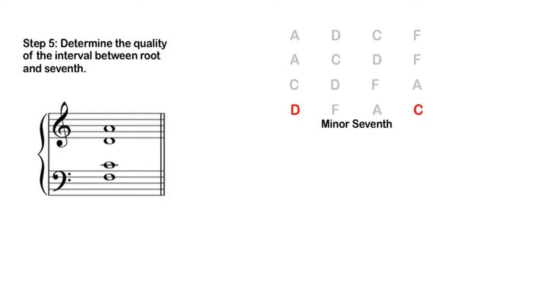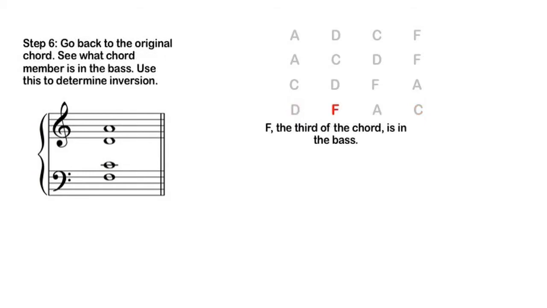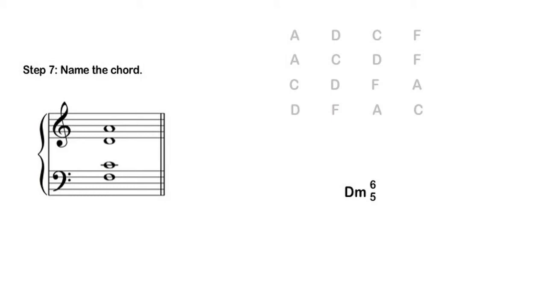So I have a minor minor seventh chord, or I'll use the common name, a minor seventh chord, built on D. To determine the inversion, I look back at the original chord and figure out which chord member is the lowest pitch. In this case, it's an F. That is the chord third, and the inversional symbol for a first inversion seventh chord is 6-5. So I have a D minor 6-5 chord.